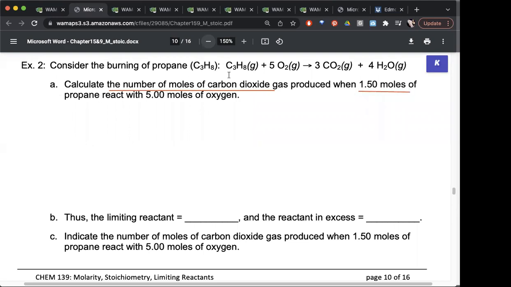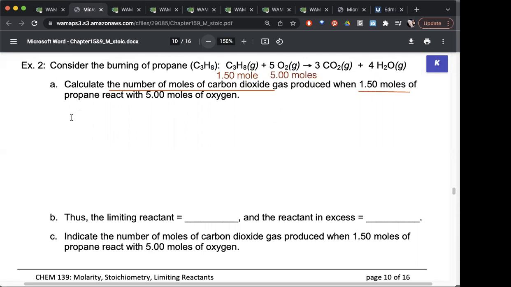So again, it's propane, that's the C3H8. I would just list it there because then it's easier to keep track, right underneath the compound there. And that's going to react with 5 moles. Oh, so it's a 5 in front, but it's also 5 moles given of the oxygen.